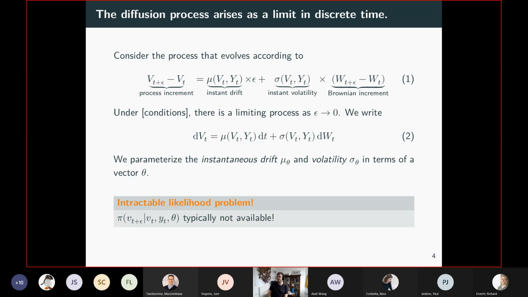And as in the ordinary diffusion case, the transition density, that is the density of an observation in the future given the current observation, is not available. So this is a classical intractable likelihood problem. This is really the main complication of this setting, and why this is even worth talking about.